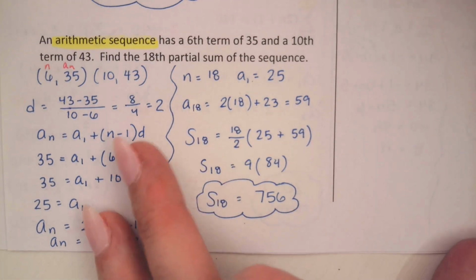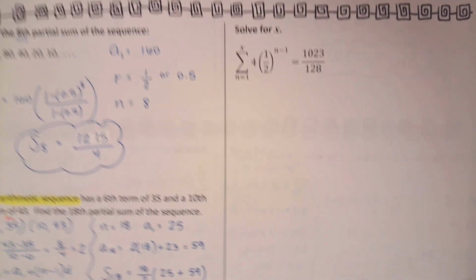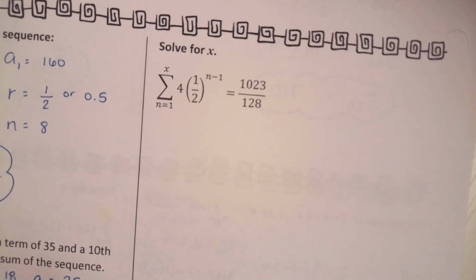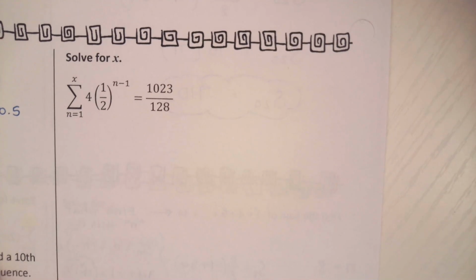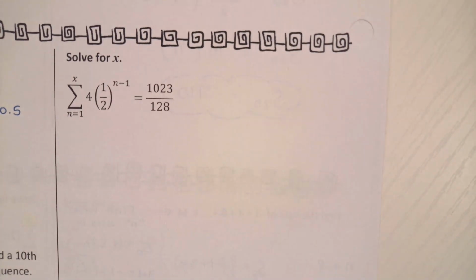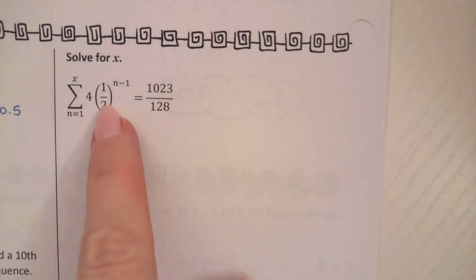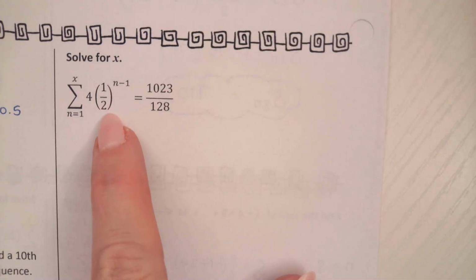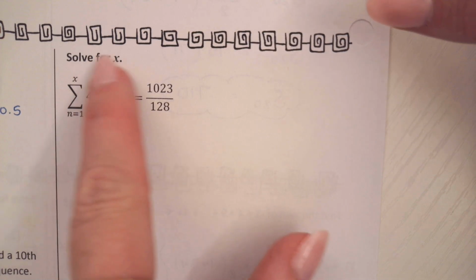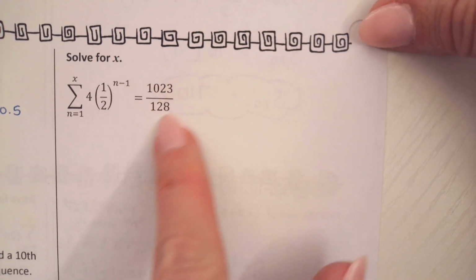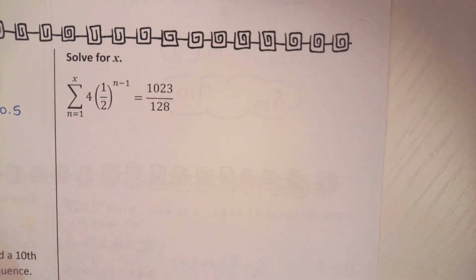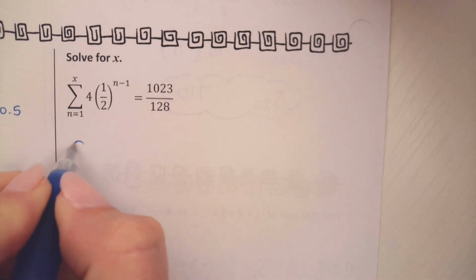Okay. The next one is very similar to the solving for x one that we had on the front. So it says n equals 1. We're going to the x term. We can tell it's a geometric sequence because this is an exponential function. And again, we already know the sum. So I'm just going to write down the formula real quick.